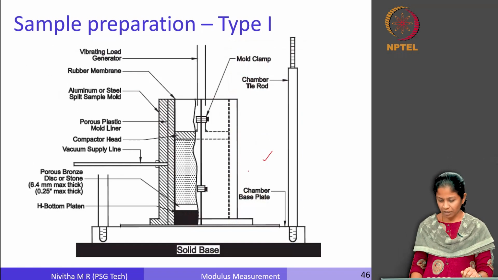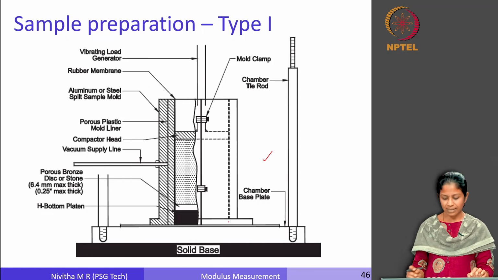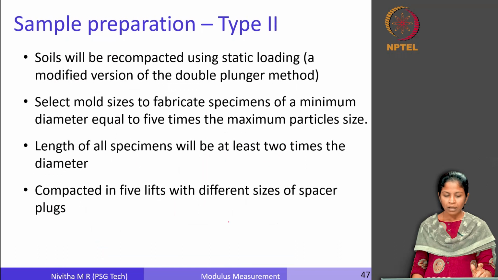Once this is over, it has to be removed and kept ready for testing. Again there are minor details regarding how to remove the membrane, how to clamp it, and how to avoid leakage. You can refer to the code for all those details.